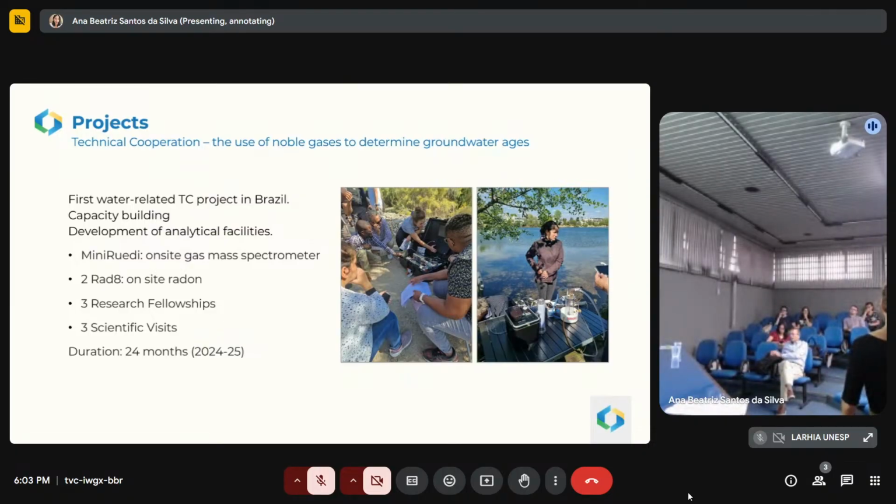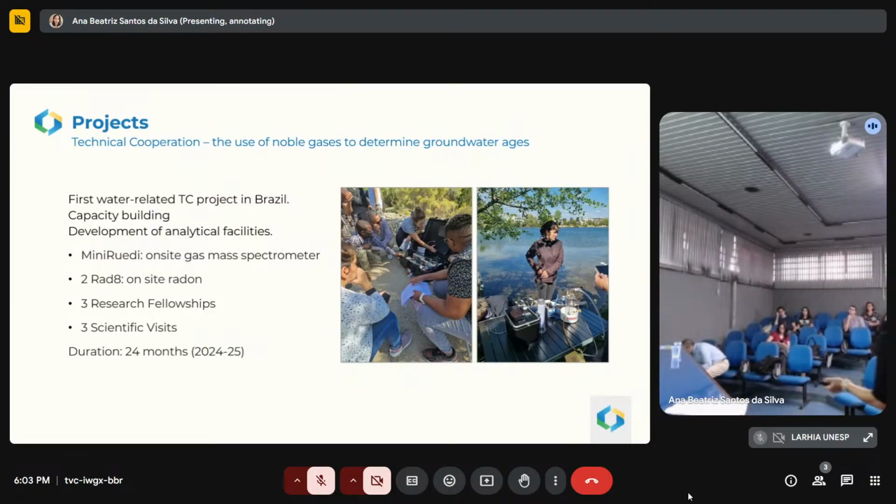But the main goal of this project would be the acquisition of this portable mass spectrometer for gas analysis, the miniRuedi that we mentioned before. And it's about to be delivered. So we are very excited because the usefulness of this equipment is super wide. We can get really creative on the applications, both for age estimation, but also for processes and mechanisms of recharge and flow.